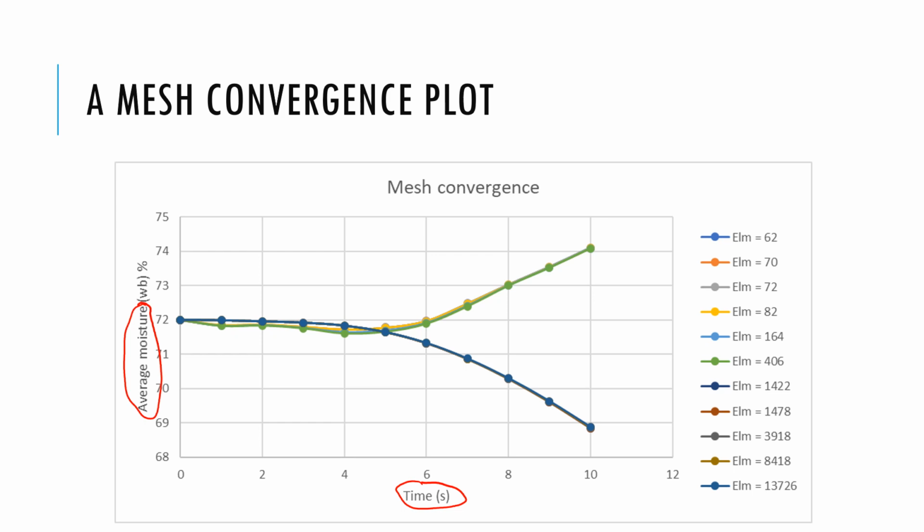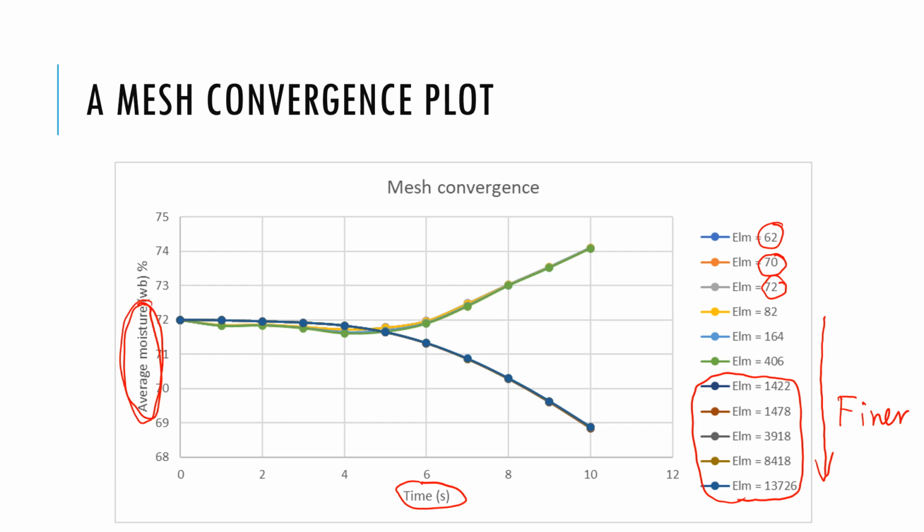Now, you plot that variable, which in this case is average moisture, for different number of elements. So as the number of elements is increasing, the mesh is finer. You notice all of these ones, especially after the green, most of these are on top of each other.